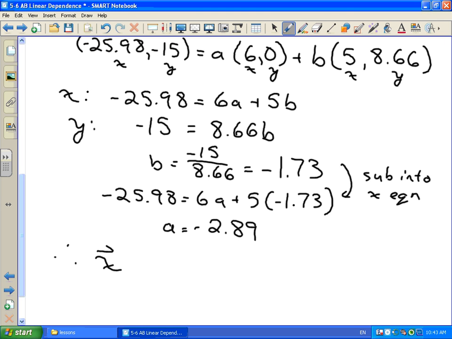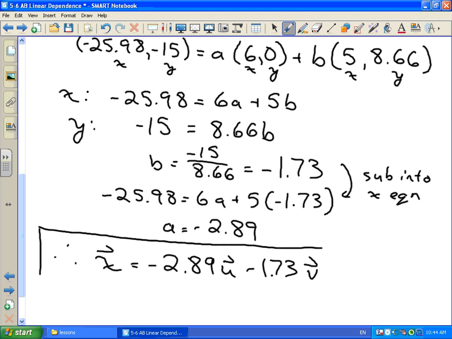So we can finish the question off by actually writing x as a linear combination of u and v using these two scalars that we just found. So x is going to equal negative 2.89u minus 1.73 times v.